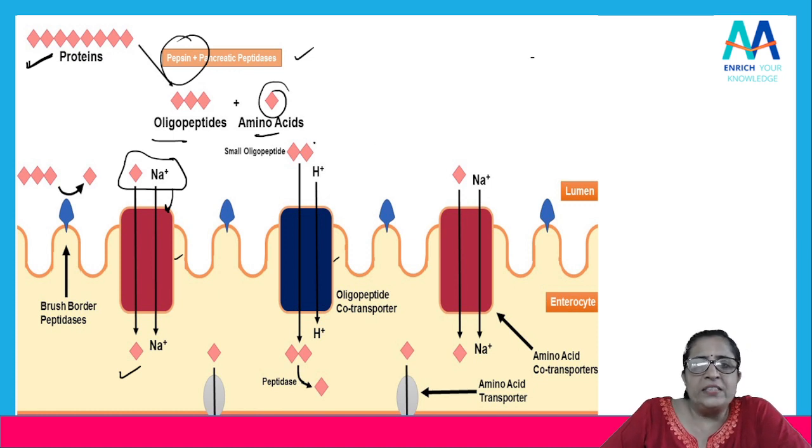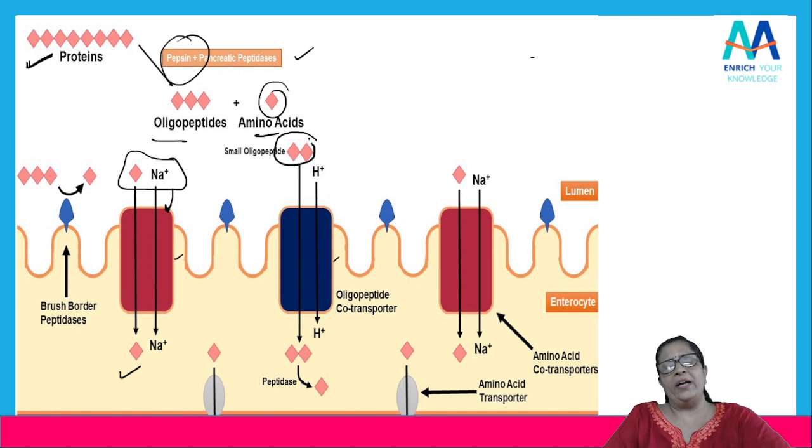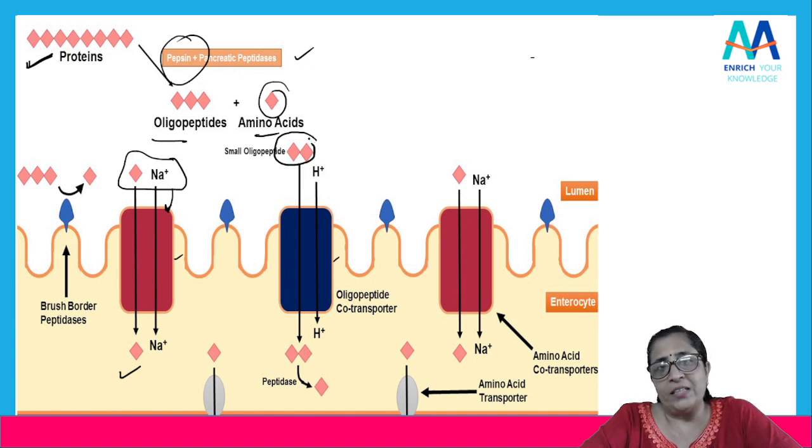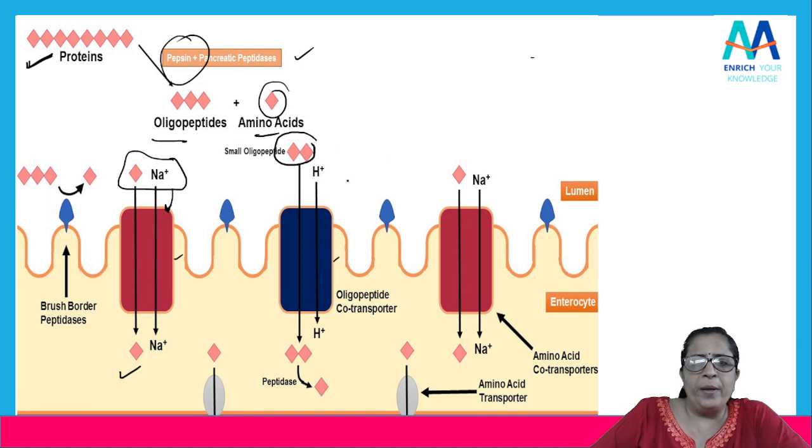Now if it is present, this protein is converted into small oligopeptides, or it is in a form of a dipeptide or tripeptide, तो वो सोडियम के साथ नहीं जाएगा, तो उसके लिए अलग ट्रांसपोर्टर लगेगा जिसको हम बोलते हैं पेप्टी-1.